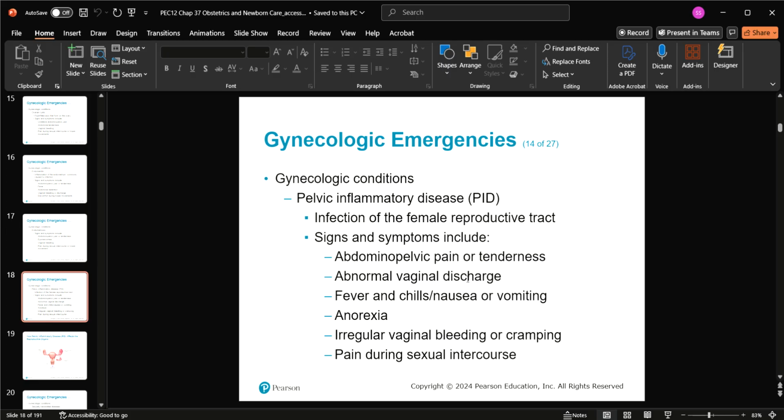PID, pelvic inflammatory disease. This is an infection of the female reproductive tract, the entirety of the tract. This is most often caused by STDs. One of the most uncommon symptoms that you see here is anorexia. Just due to the amount of pain that they are in due to the PID, they don't eat.